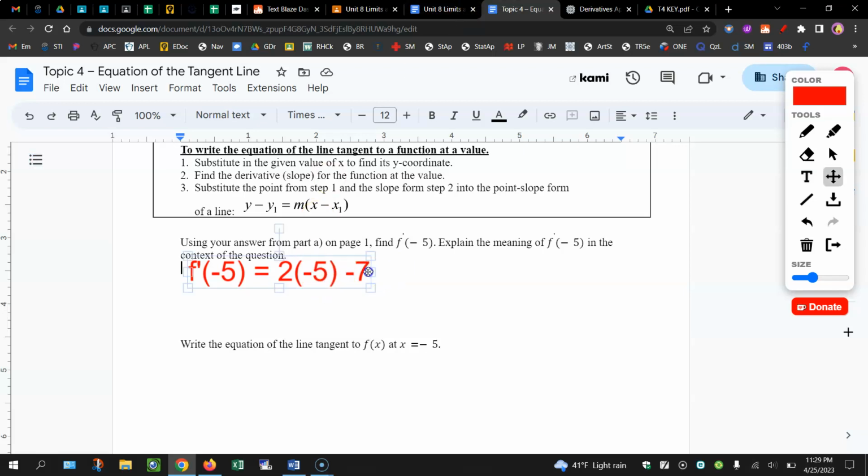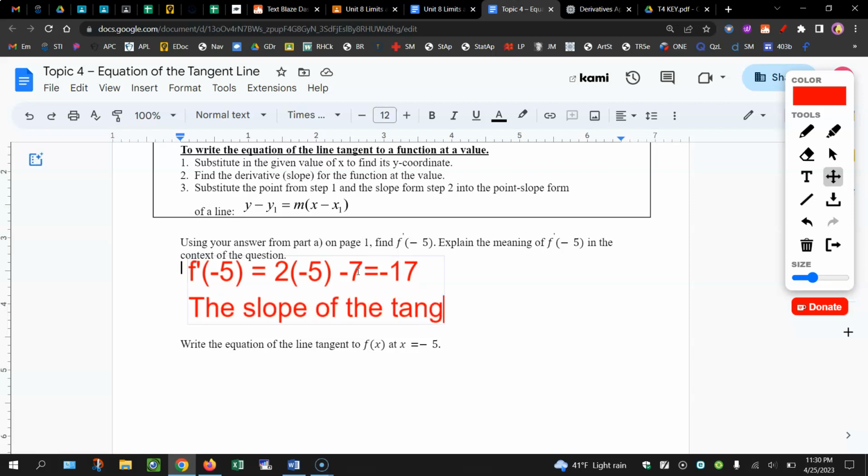Okay, so that's just going to equal negative 17. So what does that represent? That negative 17, the slope of the tangent line at x equals negative 5 is negative 17.